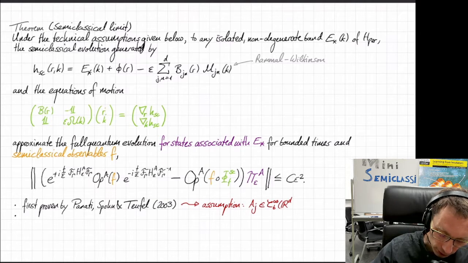And why is this significant? Well, it is significant because this excludes the very important case of a constant magnetic field.